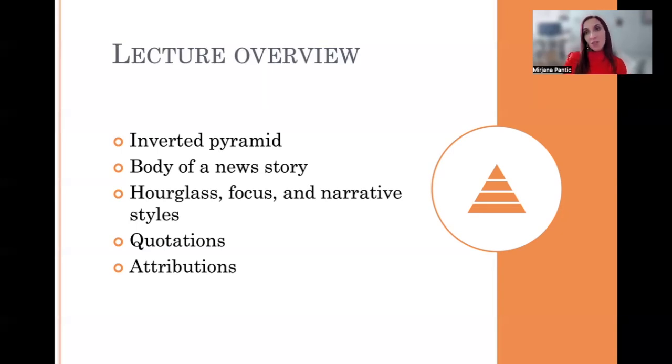So we need to know these things. And this is why the inverted pyramid is, for us, just the perfect format to report on key events and key issues in the society.